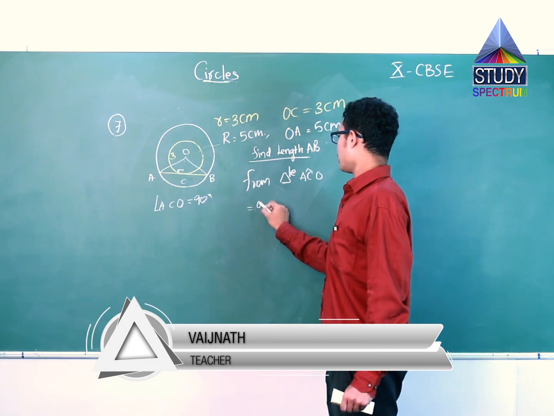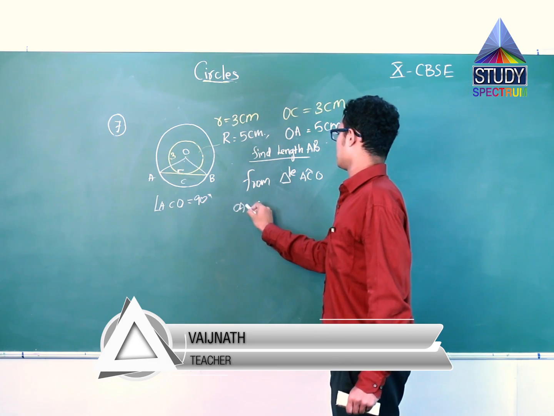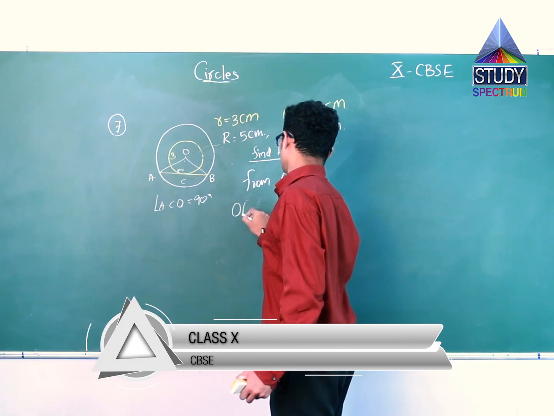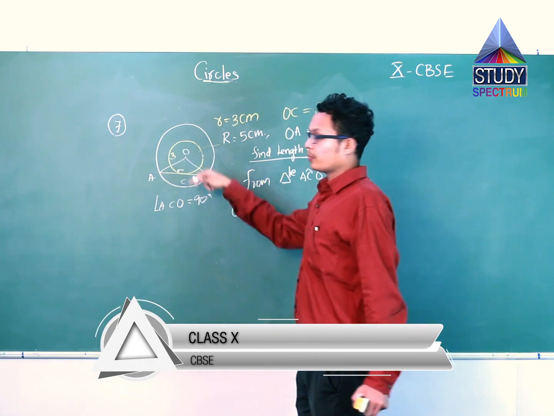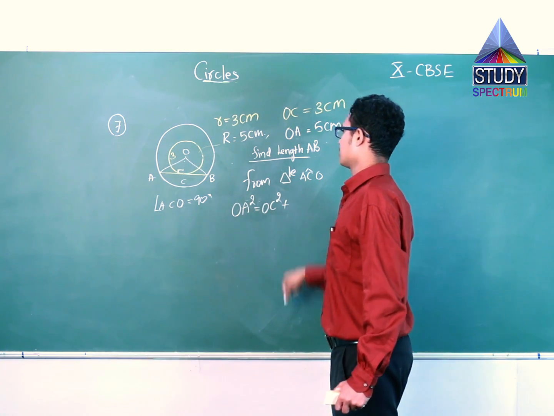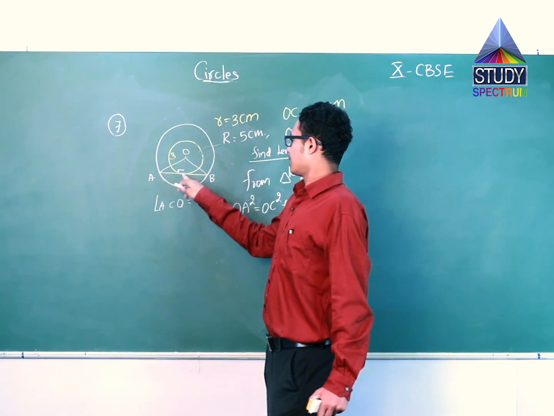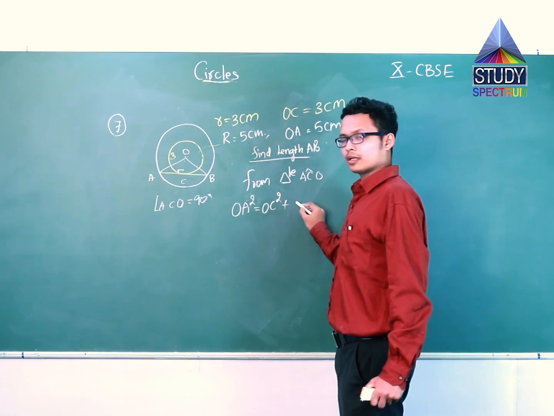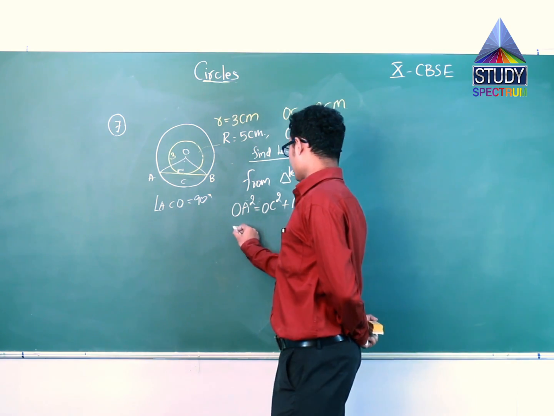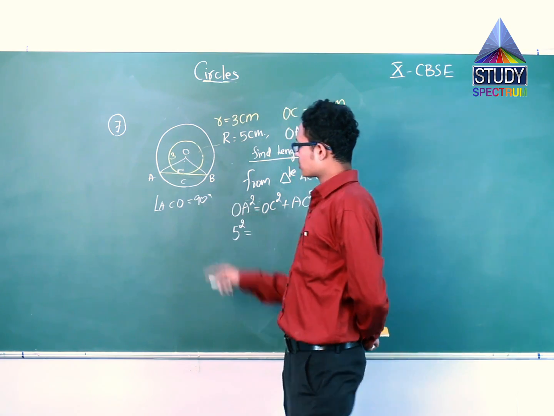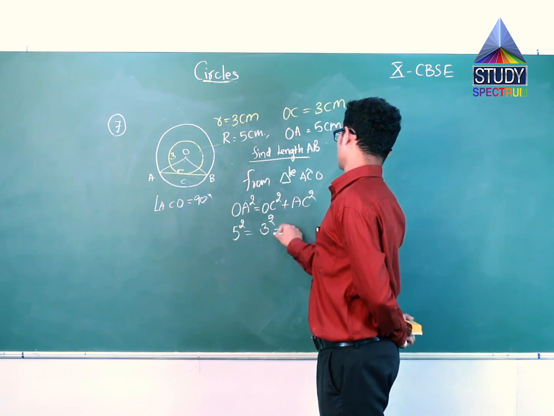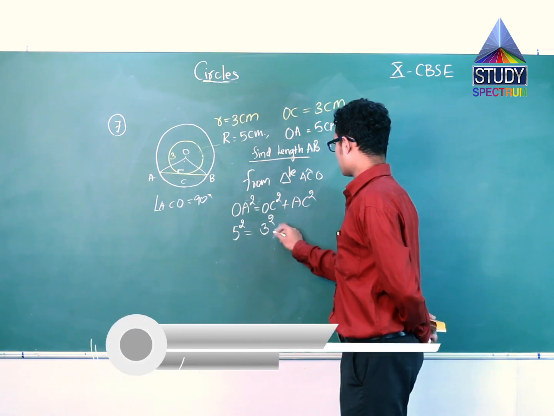Therefore OA square is equal to the base square, OC square, plus AC square. OA square is 5 square, OC square is 3 square, and AC square is unknown.